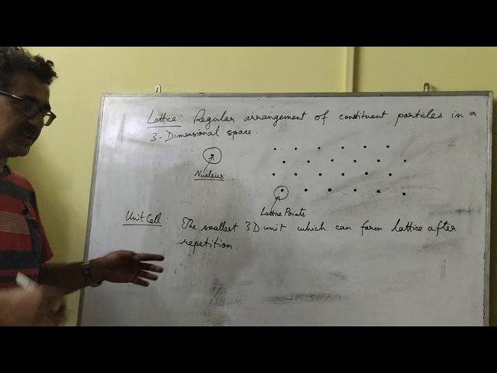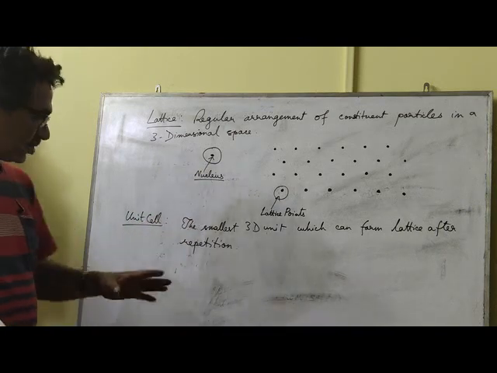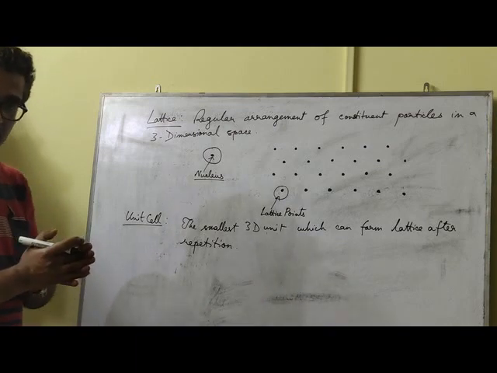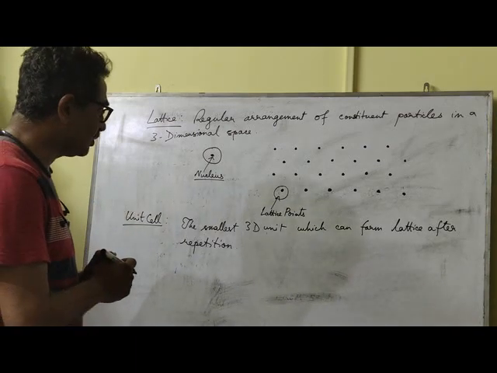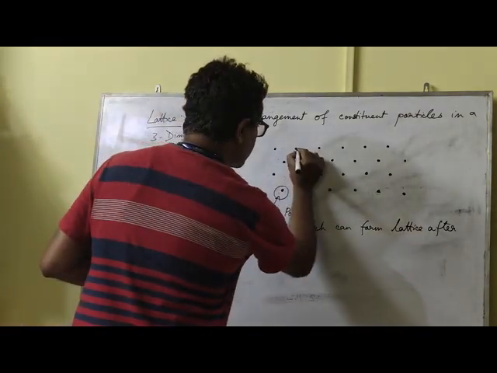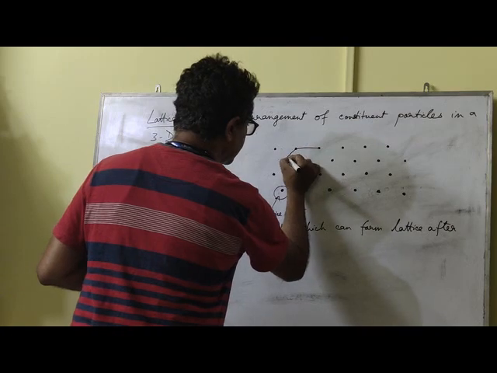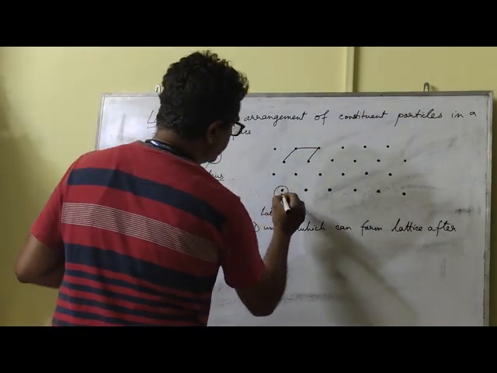So here we have a unit cell, and the unit cell is the smallest 3D unit. You can imagine it to be in the form of a cube or cuboid. So let me draw the unit cell out here. I can draw a line out here, I can draw a line out here. I'm just trying to form a cube.